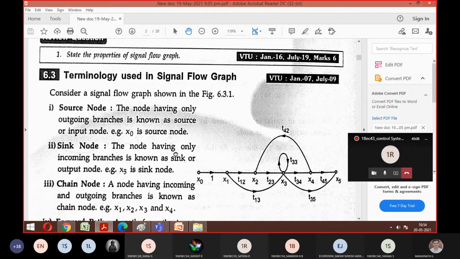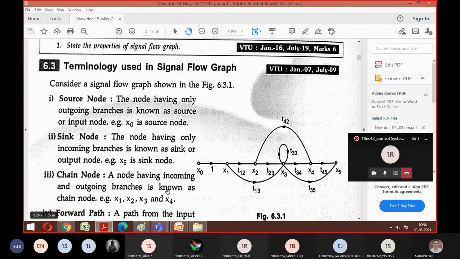Go with the next one, chain node. What is the meaning of chain node? A node having incoming as well as outgoing branches. What we went through with the first 2: only outgoing means input, only incoming means output.